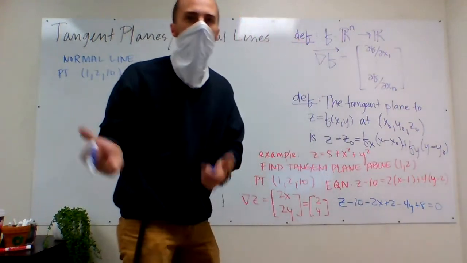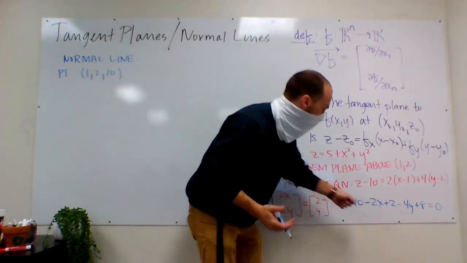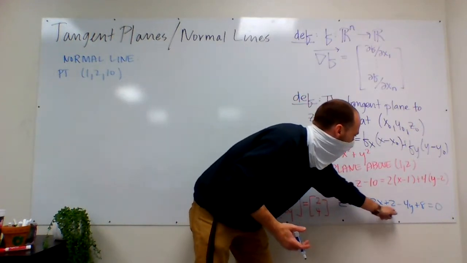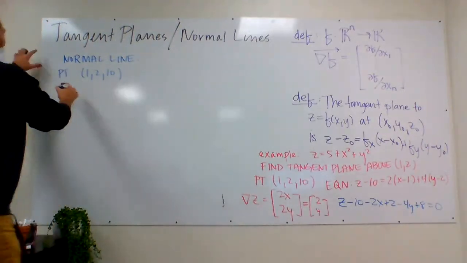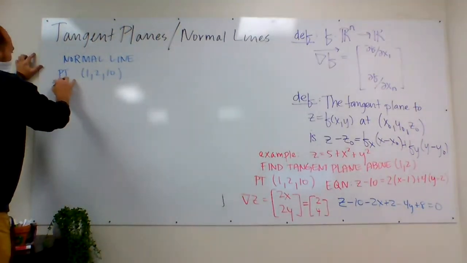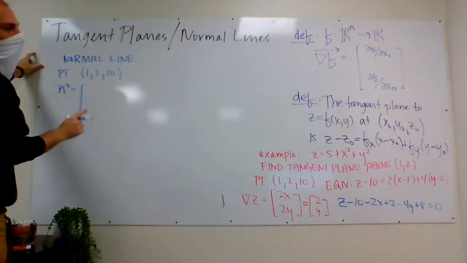I don't really care about the numbers because that's just kind of saying where the plane is. I'm concerned more with the trajectory. I've got negative 2x, negative 4y, and positive 1z. So my normal vector is negative 2, negative 4, 1.